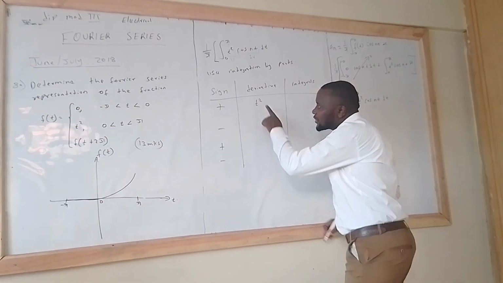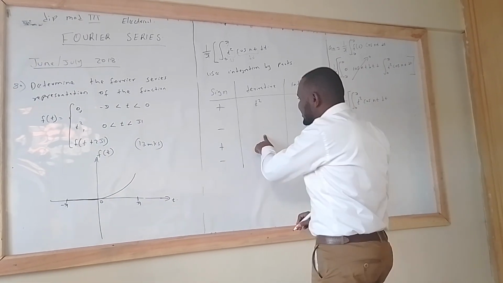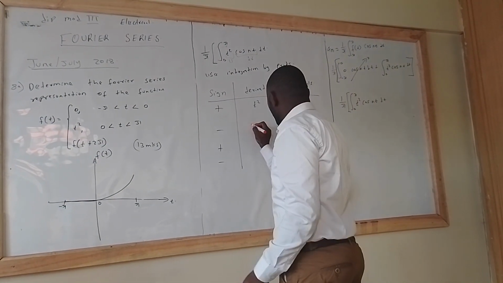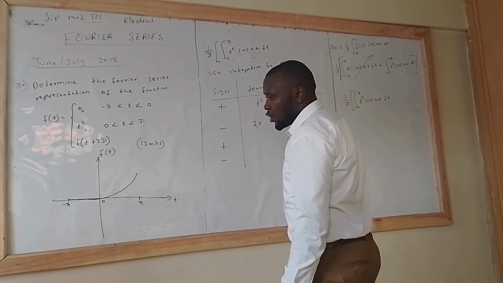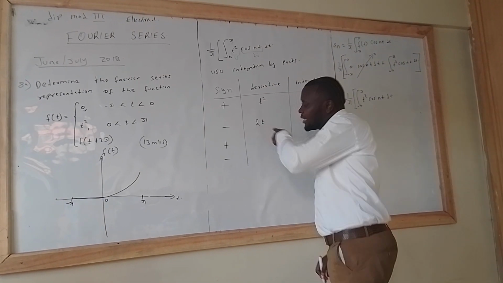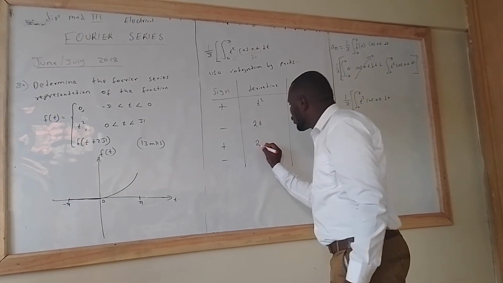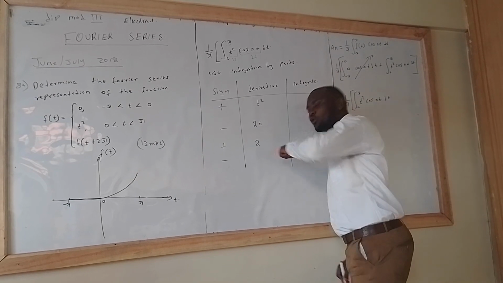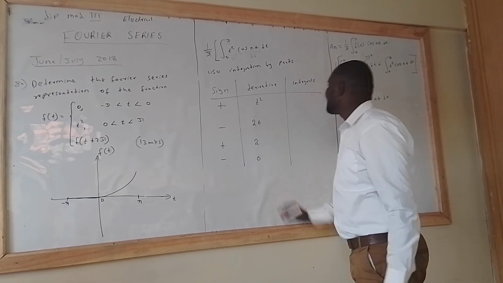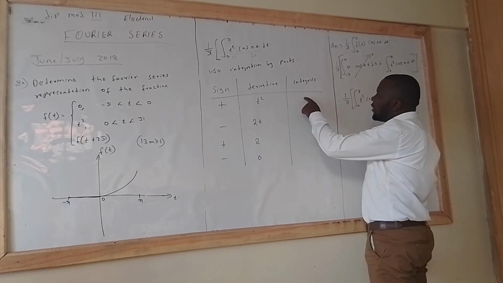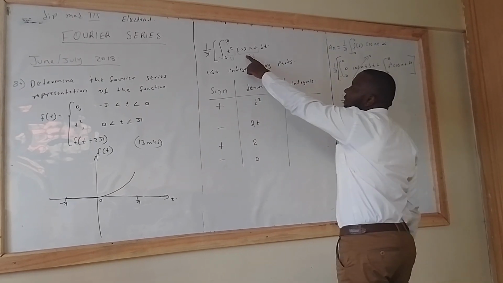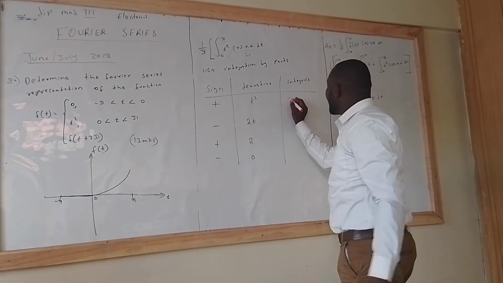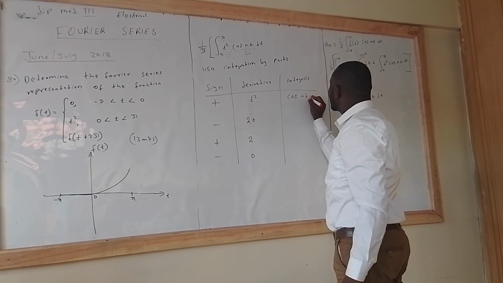So let's differentiate t squared once. What are we going to get? We are going to have 2t. If I differentiate 2t, I am going to get 2. If I differentiate 2, I am going to get 0. Very simple. What about the integrals, the value of dv? That is cos of nt.